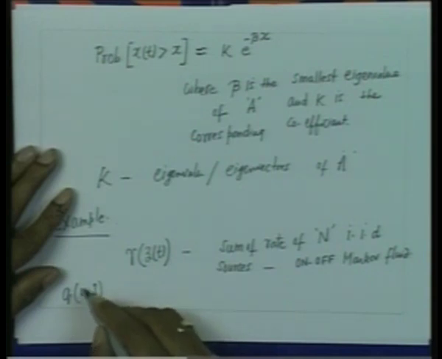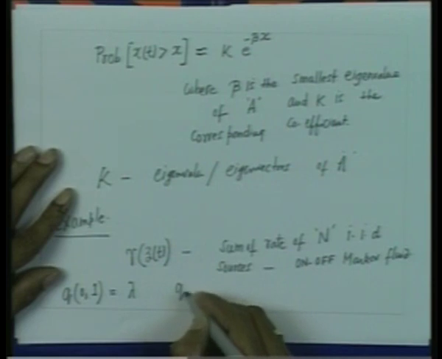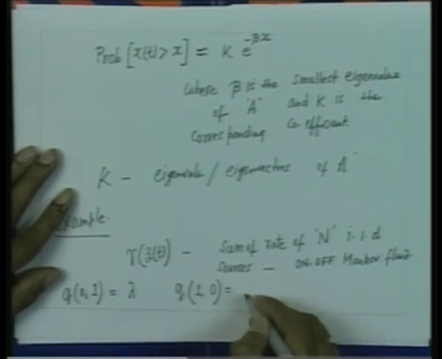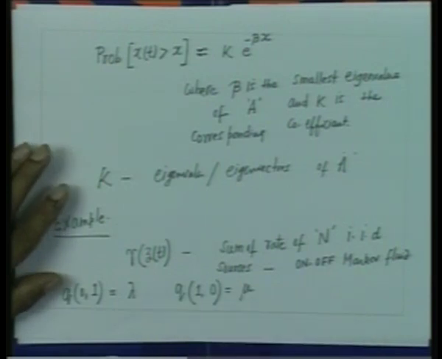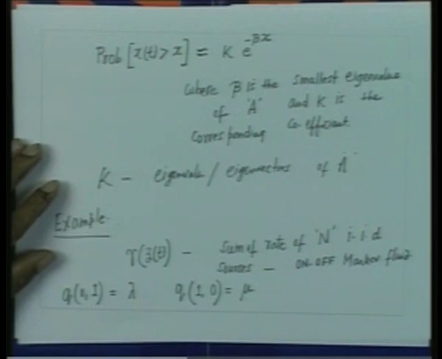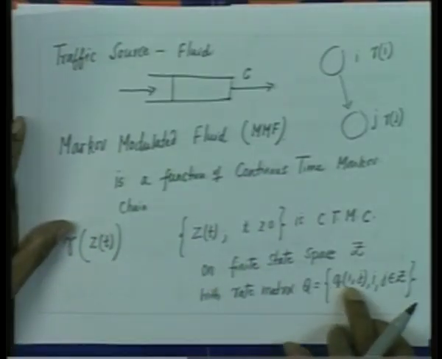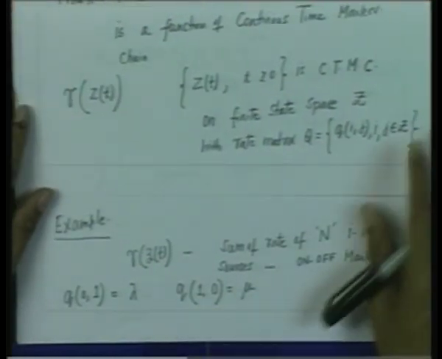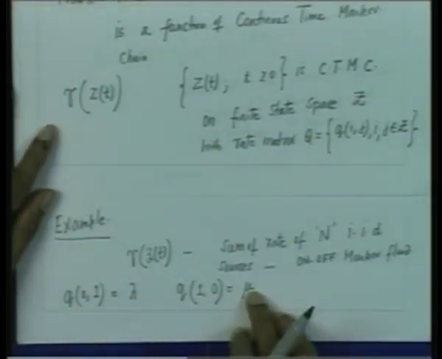The transition rate from 0 to 1 is given by lambda, and the transition rate from 1 to 0 is given by mu. So now our Qij matrix that we had considered is given by this: Q01 is lambda and Q10 is mu.